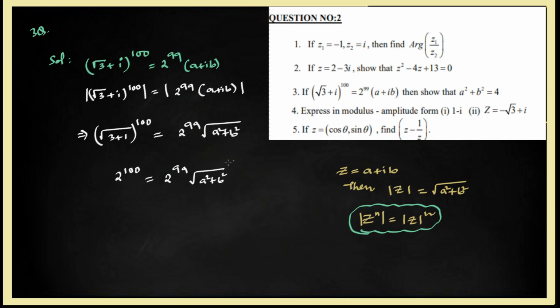On both sides 2 power 99 gets cancelled. One more 2 remains, equals root over a square plus b square.